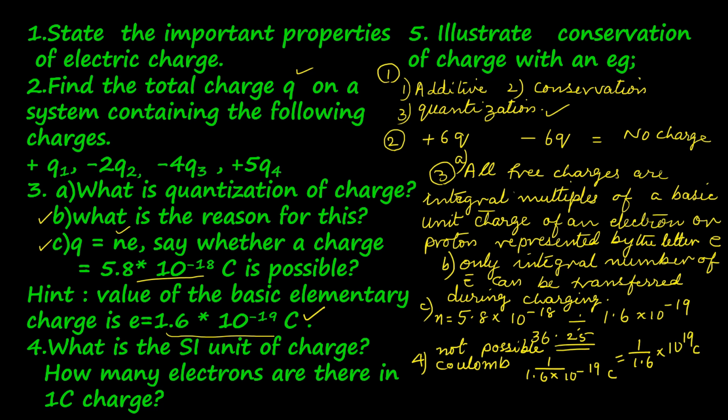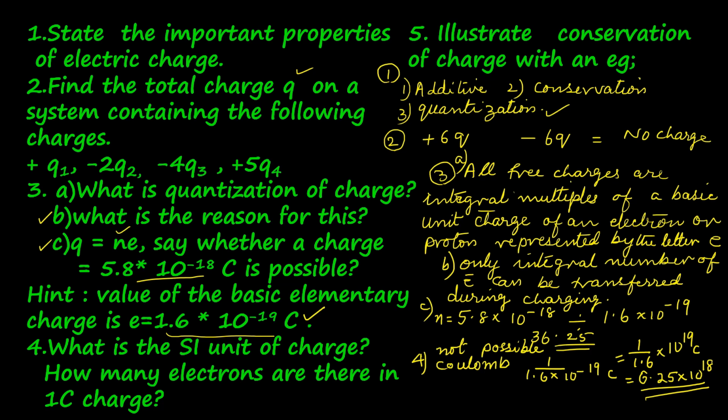Coulomb and Coulomb will get cancelled. I am sorry, I have missed Coulomb in the numerator. Anyway, the number will be equal to 6.25 into 10 raised to 18. So, 1 Coulomb of charge will contain 6.25 into 10 raised to 18 electrons.